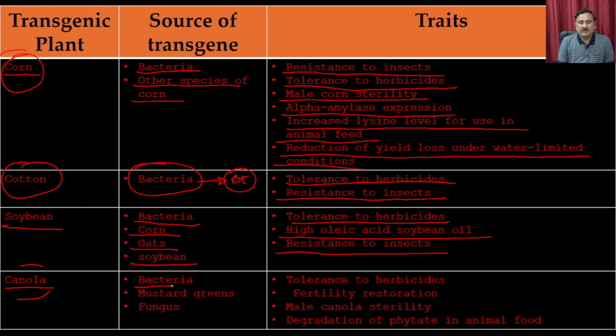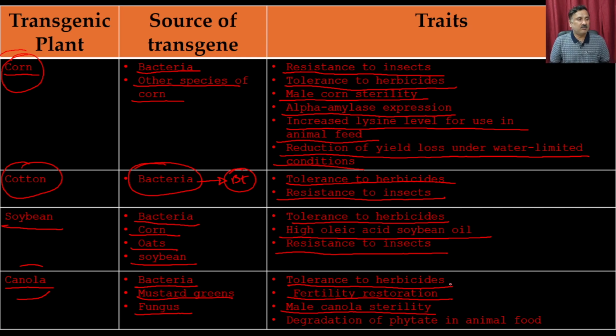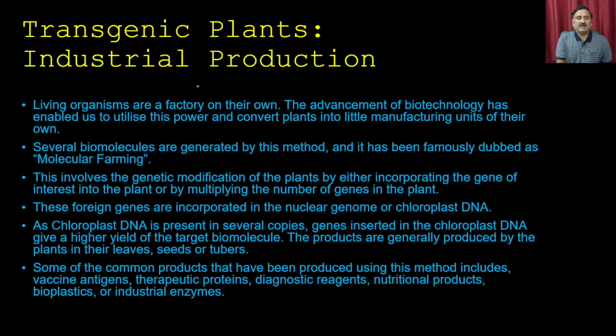It is going to have transgenes from bacteria, mustard, and fungus, and it is also tolerant to herbicides. It has fertility restoration and male sterility, and degradation of phytate in animal foods. Then we have transgenic plants and their application in industrial production.